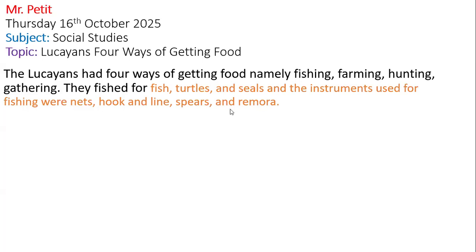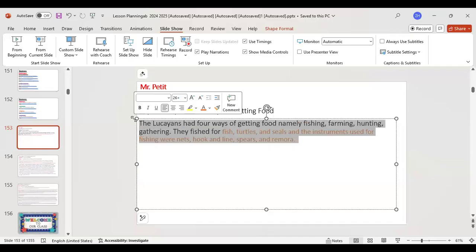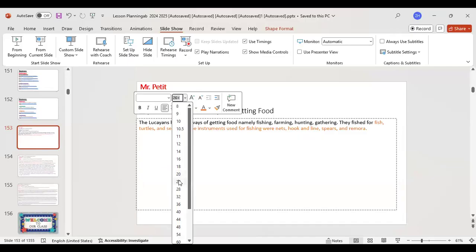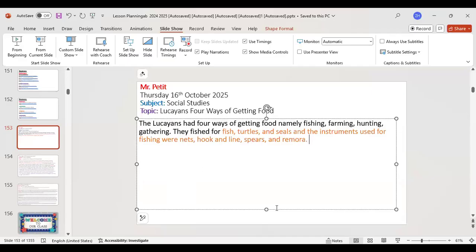Remora. Y'all know what remora is? It's like bait. It's like a fish, almost like a sucker fish.